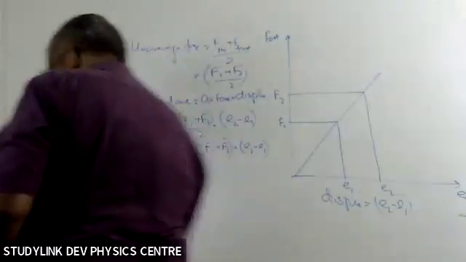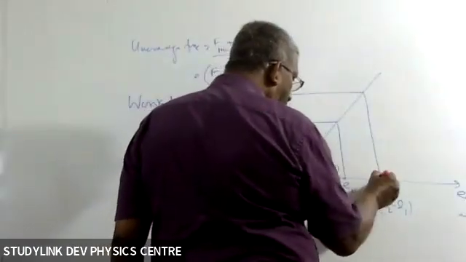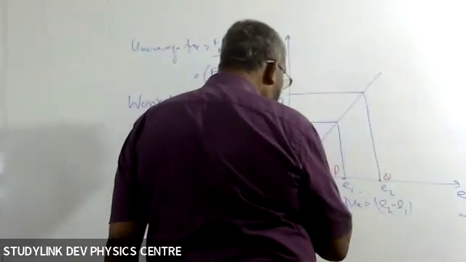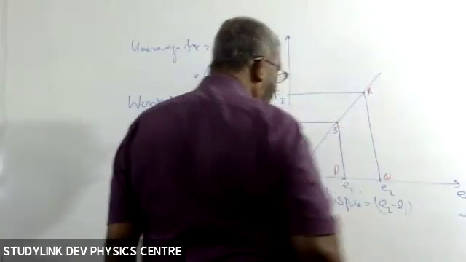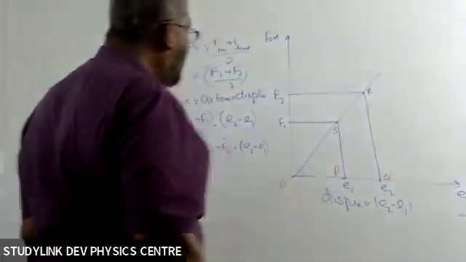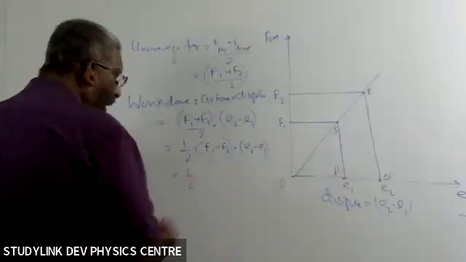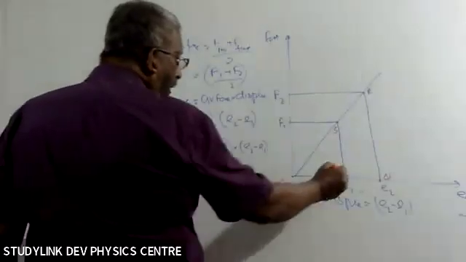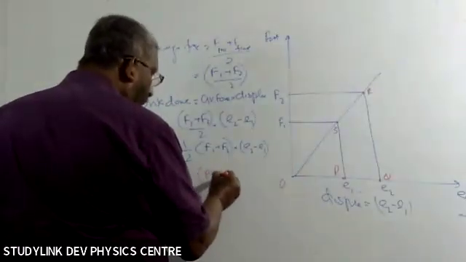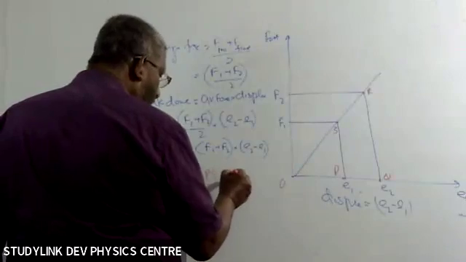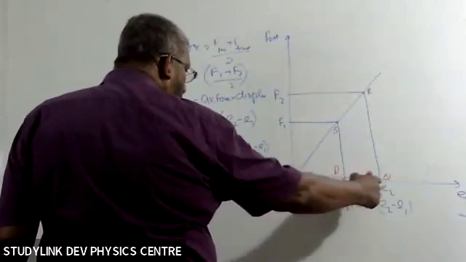If I label this as P, Q, R and S, then look at this: half F1 plus F2, where F1 is PS, so PS plus QR, into E2 minus E1, which is PQ.